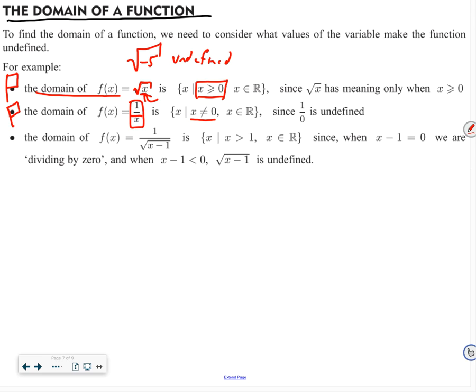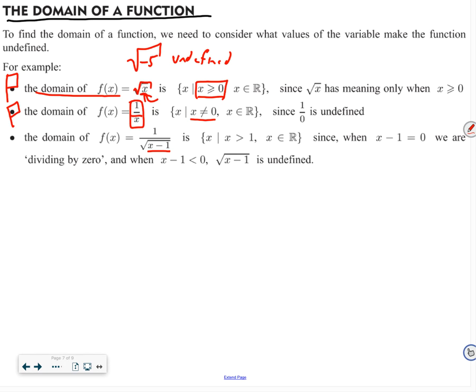The other domain issue that I will have is when I'm dealing with dividing by 0. So for a function like this, I've got to make sure that this cannot be 0, and so then this has to be greater than 0.